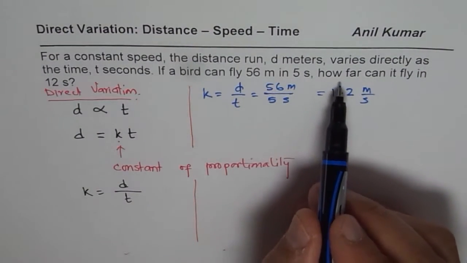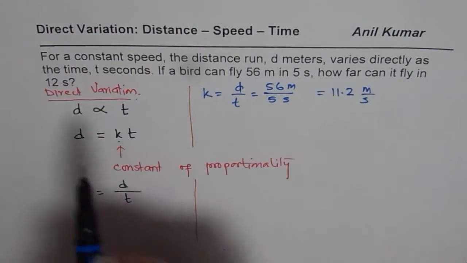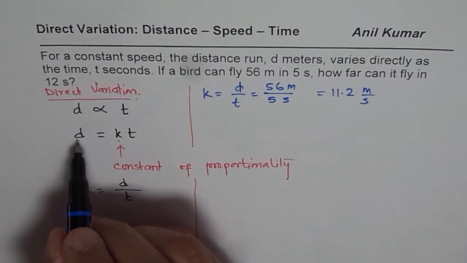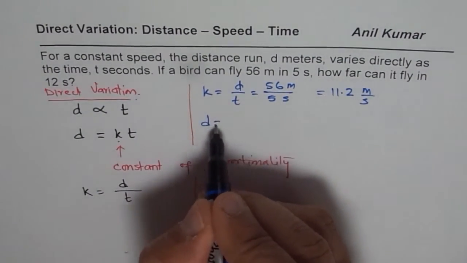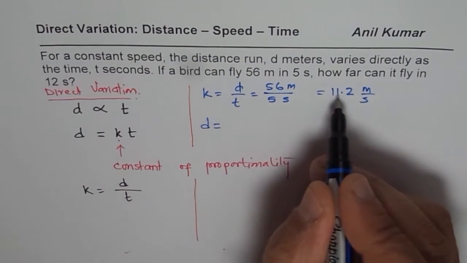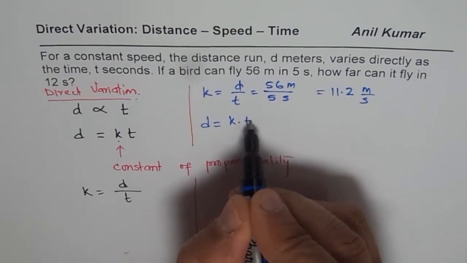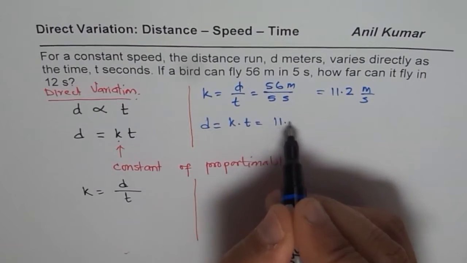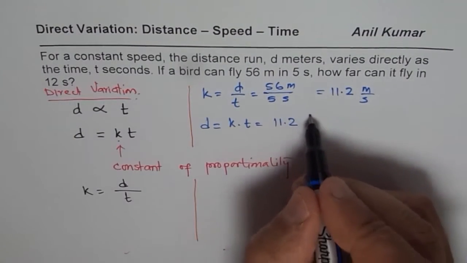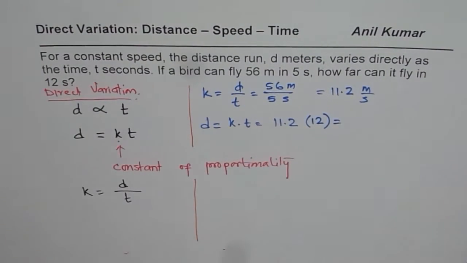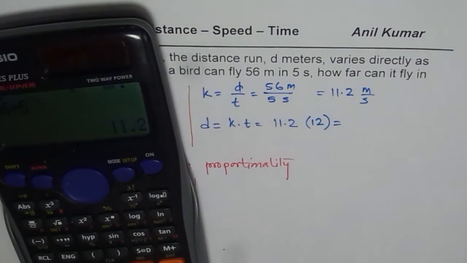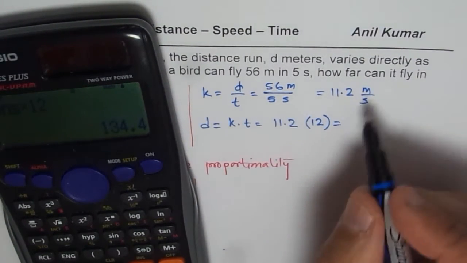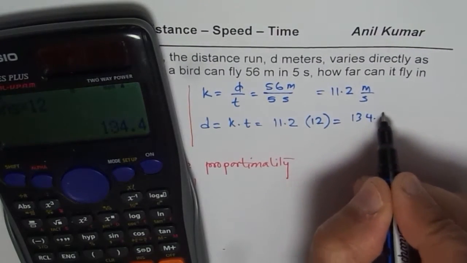Now the question is, how far can it fly in 12 seconds? So now we need to find distance. Distance is equal to k times t. K is 11.2 and time is 12 seconds. Let's multiply by 12 to get the answer. We get 11.2 times 12 equals, in decimals, 134.4.